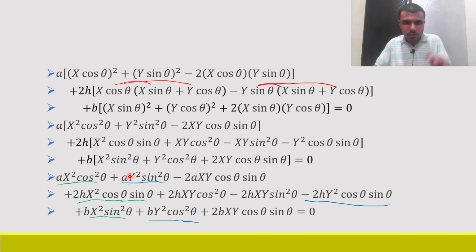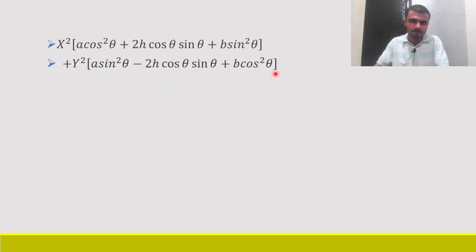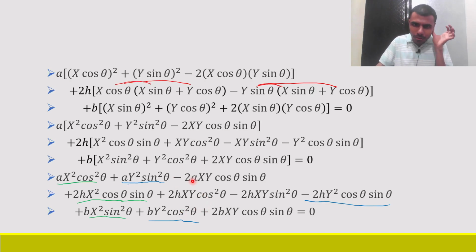So if I take y square common, I'll get y square into a sin square theta minus 2h cos theta sin theta plus b cos square theta. Fine. మిగిలింది ఏంటంటే ఇంకా xy, అండర్లైన్ చేయడం అవసరం ఆల్రెడీ కనిపిస్తుంది. If I take xy common, I'm going to get minus 2a cos theta sin theta plus 2h cos square theta minus 2h sin square theta plus 2b cos theta sin theta.